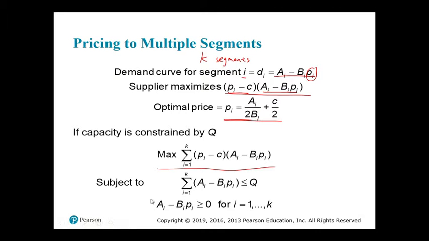And of course, we would like to have the demand greater than zero for each segment. So this Q in our airline example would be the total number of seats, right?